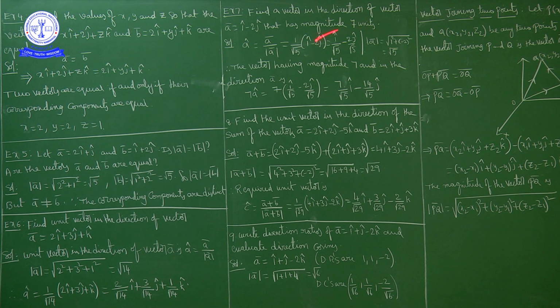What we need is a vector of magnitude 7 in the direction of vector a bar, which is 7 a cap. 7 a cap equals 7 into 1 by root 5 i cap minus 2 by root 5 j cap. Multiplying 7 inside, that is 7 by root 5 i cap minus 14 by root 5 j cap.